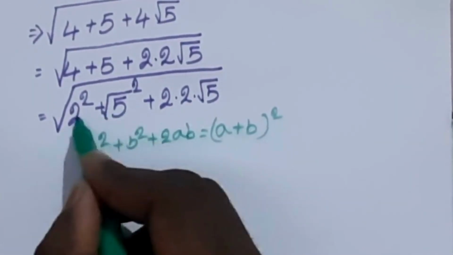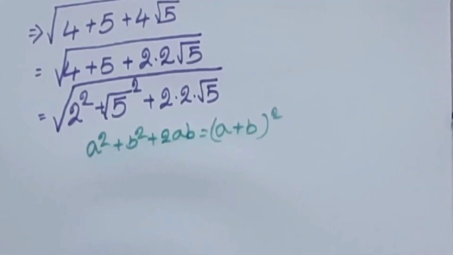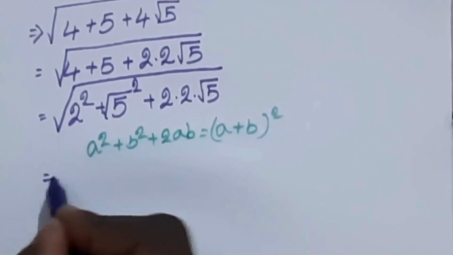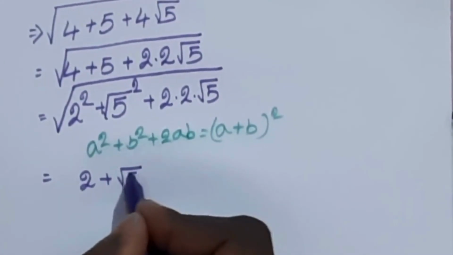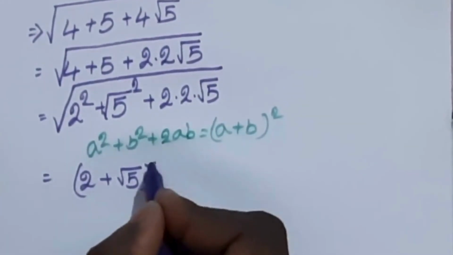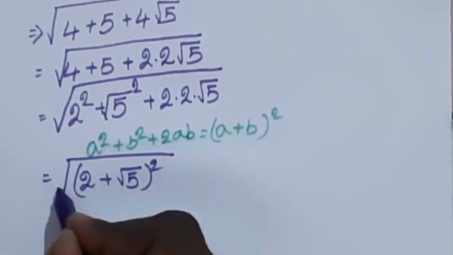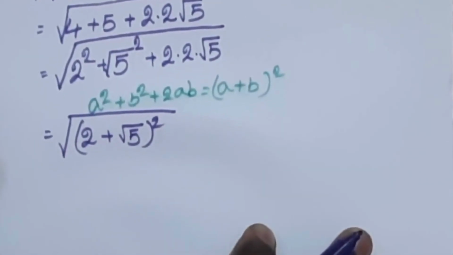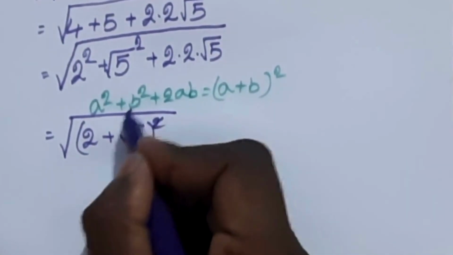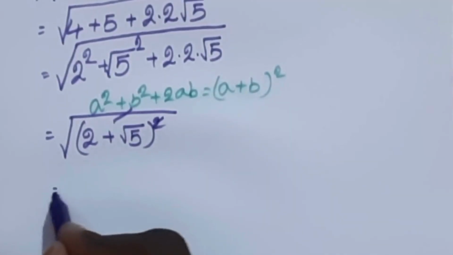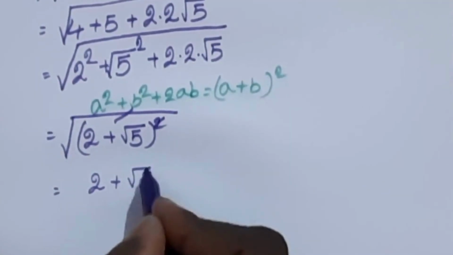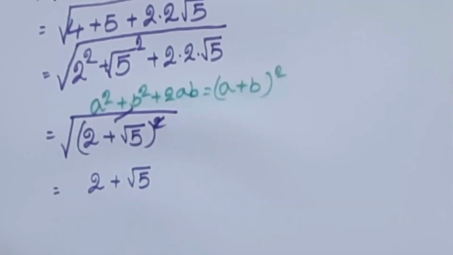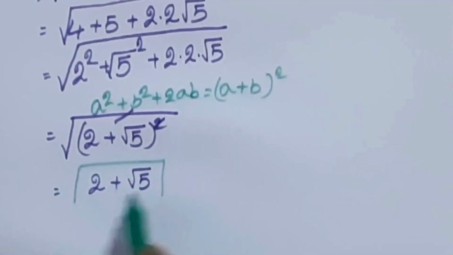This formula we are going to apply here. So we'll get 2 plus square root of 5 whole square in square root. Now looking at this, square and square root will cancel each other. Now we have 2 plus square root of 5. This is the final answer for the given problem.